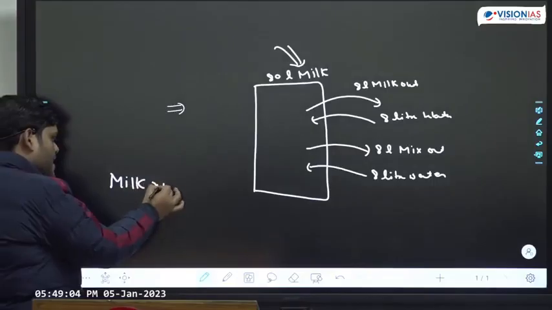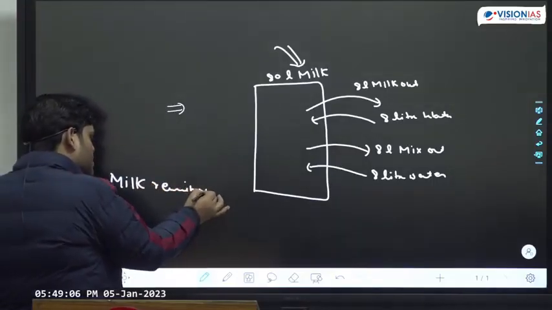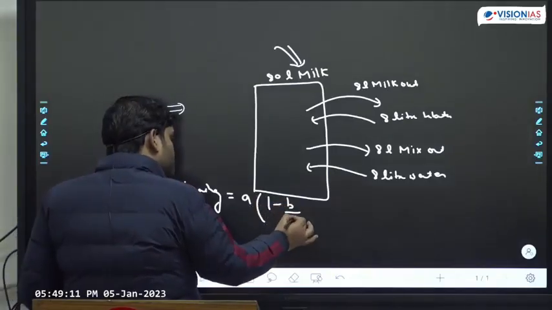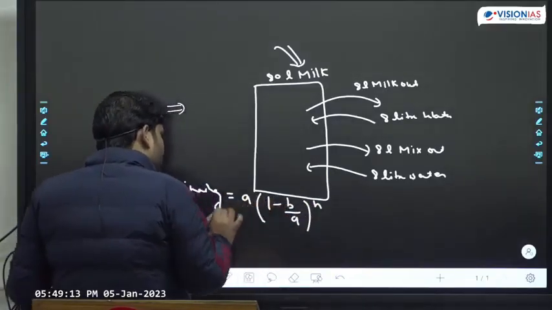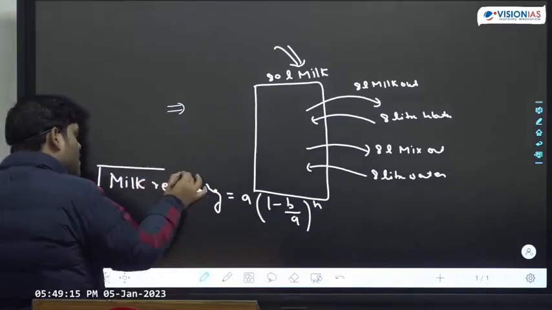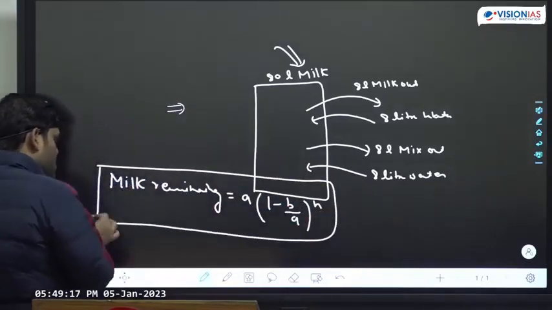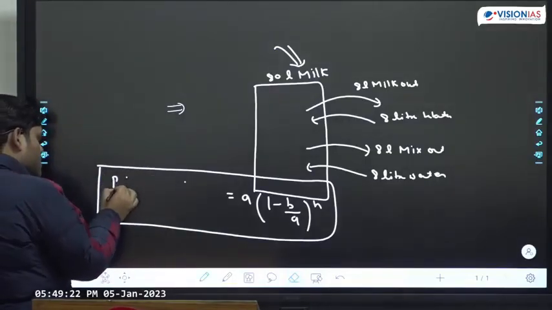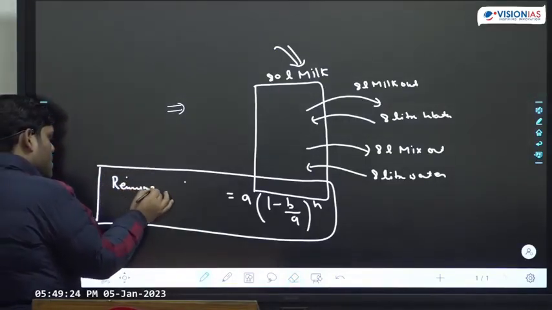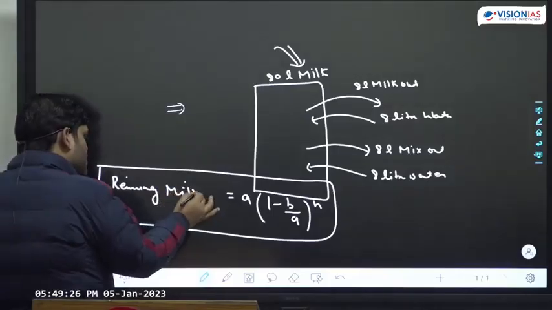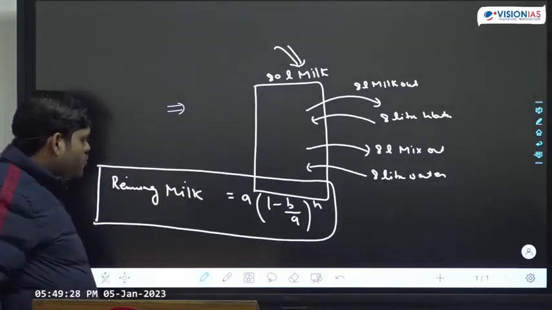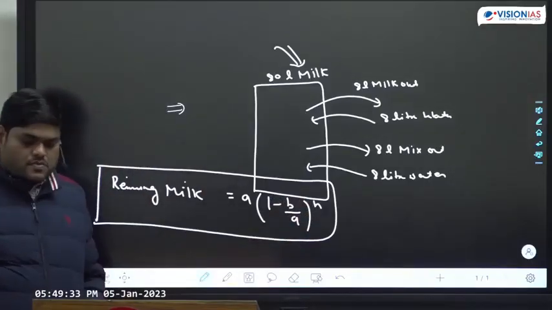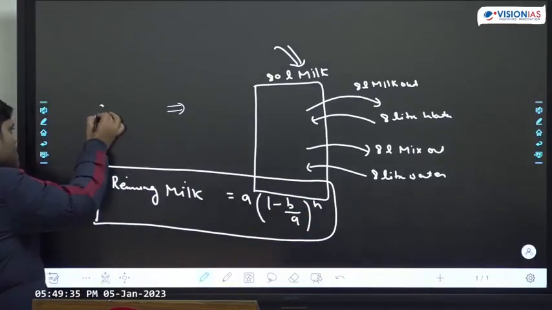The remaining milk will be A into (1 minus B upon A) to the power N. Just note down, I will tell you what everything is. The remaining milk is equal to A into (1 minus B upon A) to the power N. What is A here?